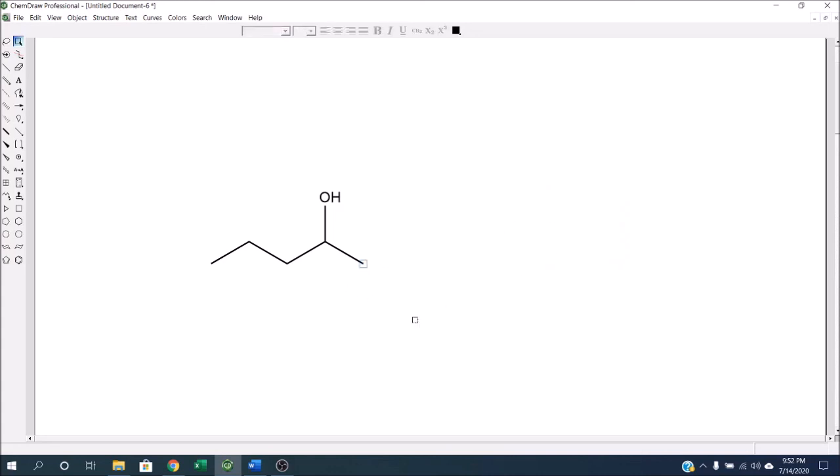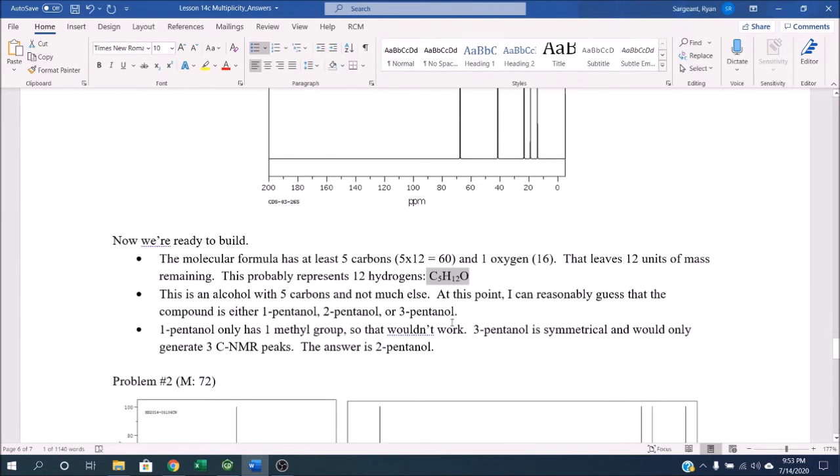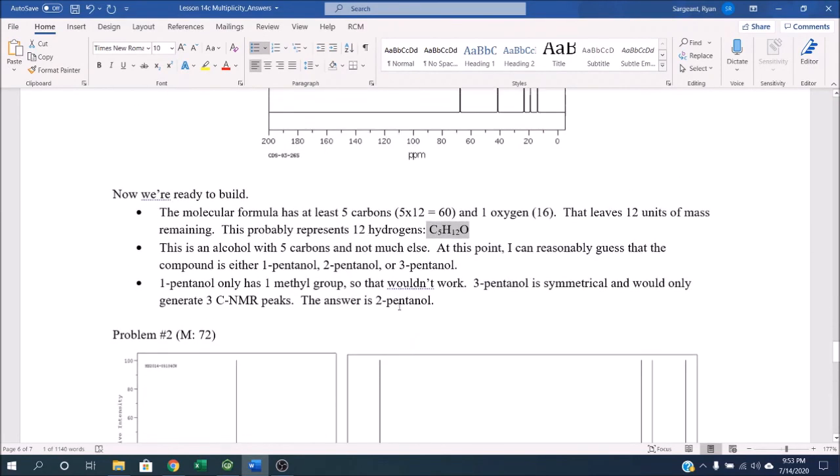So this is my most likely candidate. I have the 2 methyl groups out here on the end, a methylene group right here, and a methine group right there. 5 different carbons, an alcohol, 2 methyl groups. Based on the evidence that I have, this is about as good as I'm going to get as an answer. So the answer is 2-pentanol.